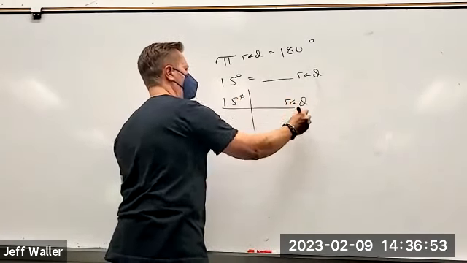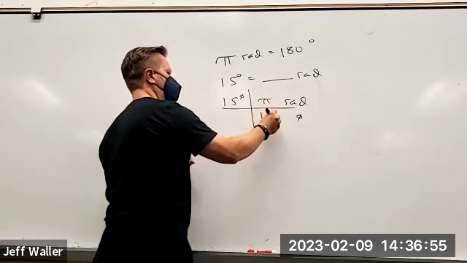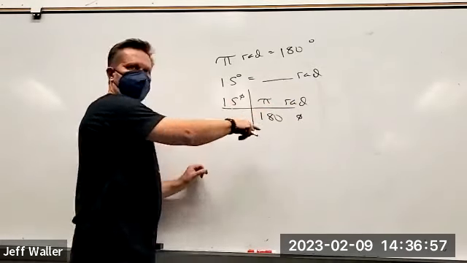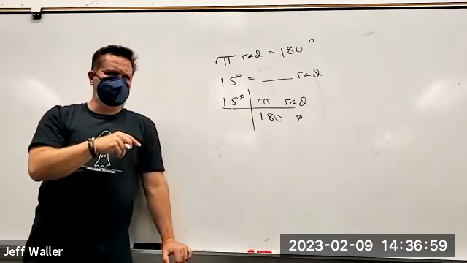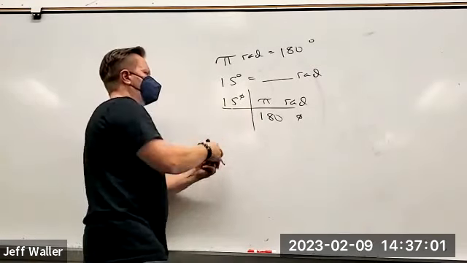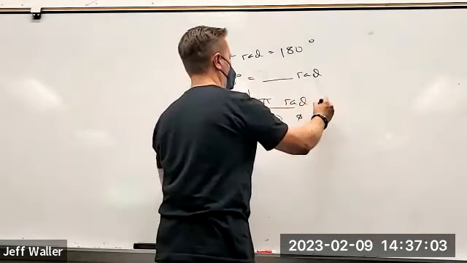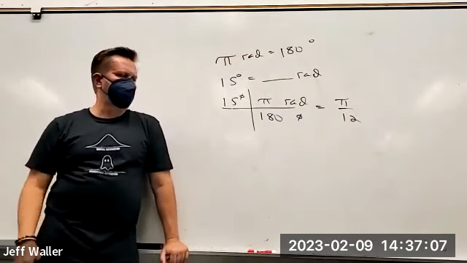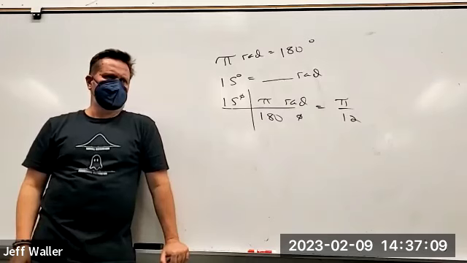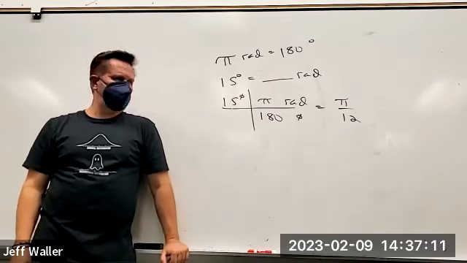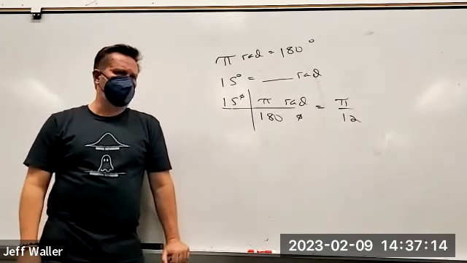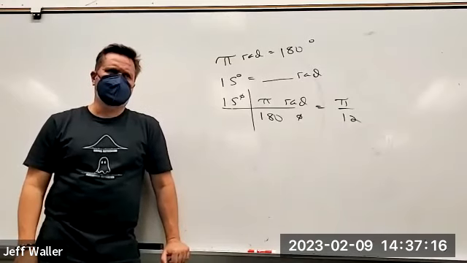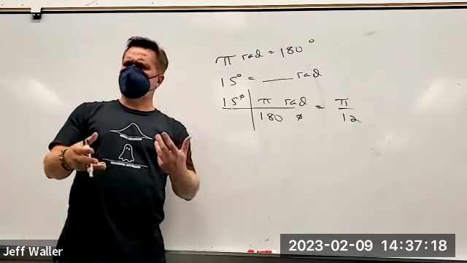And up here I put radians. Pi radians is 180 degrees. Divide. 15 divided by 180 is 12, I think. So it'd be pi over 12. Yeah, makes sense. So pi over 12 is radians. So that shouldn't be a big mystery.